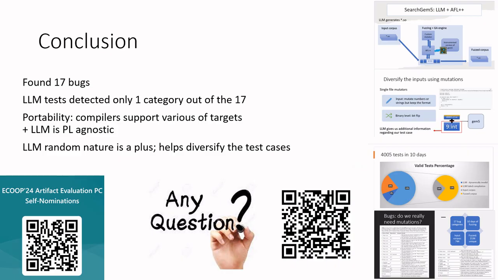Also, we think that this system is easy to port to different simulation systems, so this will be part of the things that we want to do in the future. And actually we discovered that this non-deterministic nature of the LLM can be very helpful for identifying new bugs in systems because they generate tests in a non-deterministic way. So actually that's good for us because we can identify new bugs inside of programs.